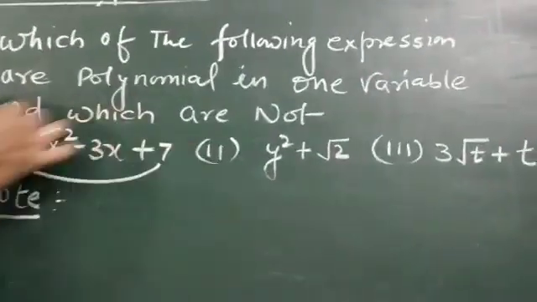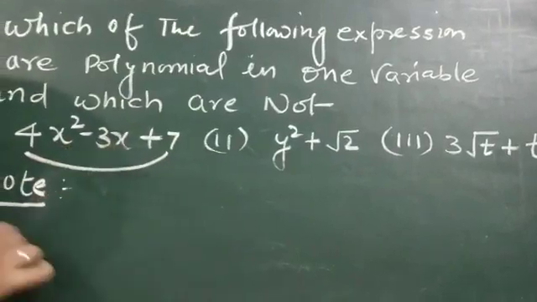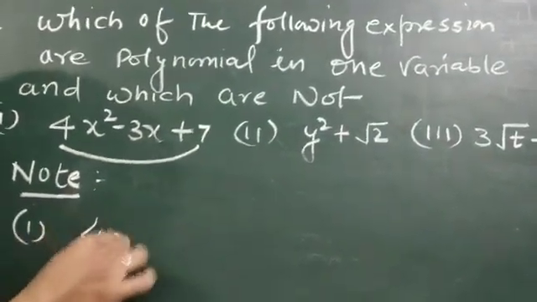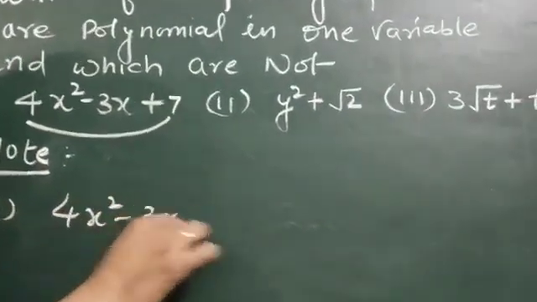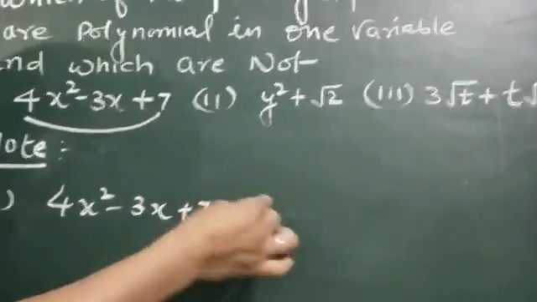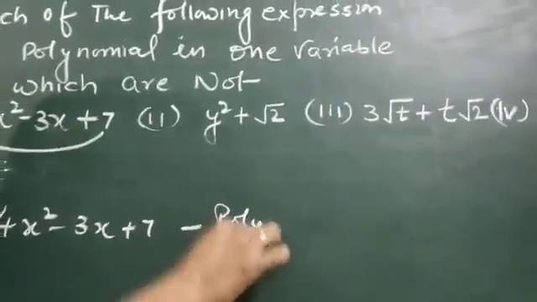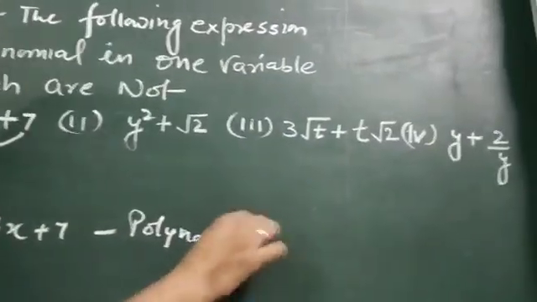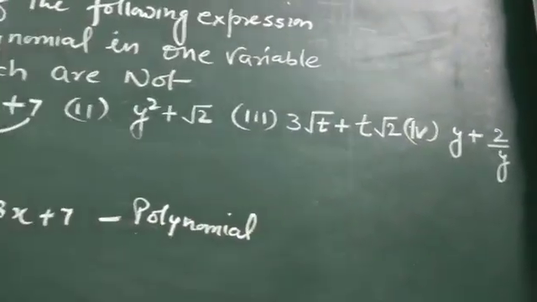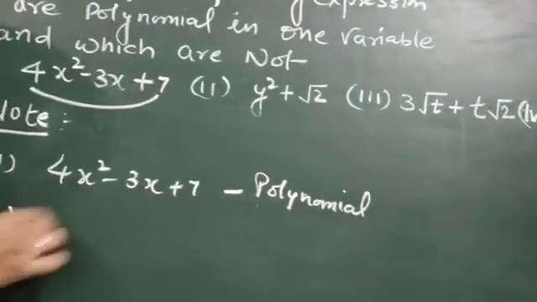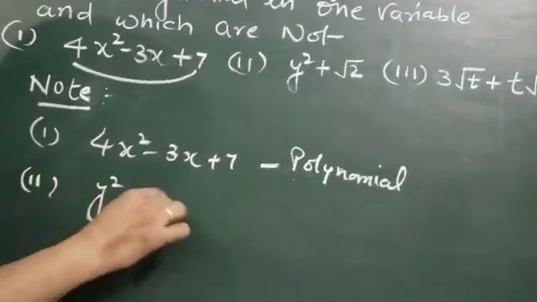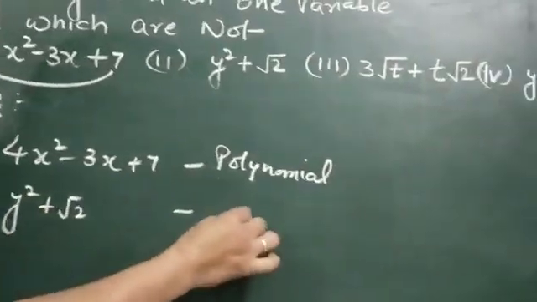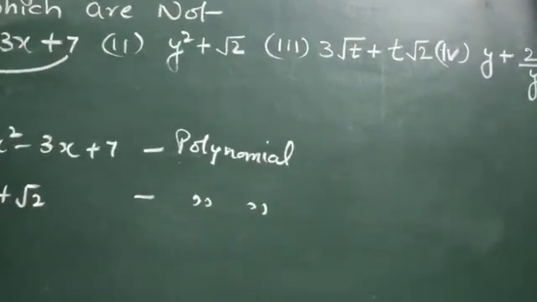This is a polynomial in one variable because there is a variable x. Second one, y square plus root 2. This one is also a polynomial in one variable.